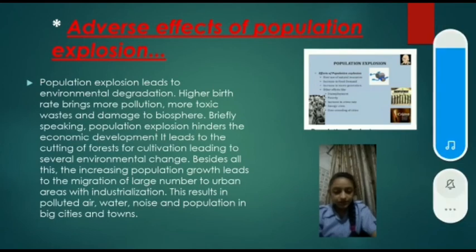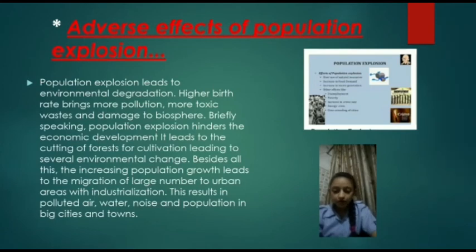It leads to the cutting of forests for cultivation, leading to severe environmental change. Besides all these, the increasing population growth leads to migration and a large number of urban areas will be industrialized. This results in polluted air, water, noise and population in big cities and towns.